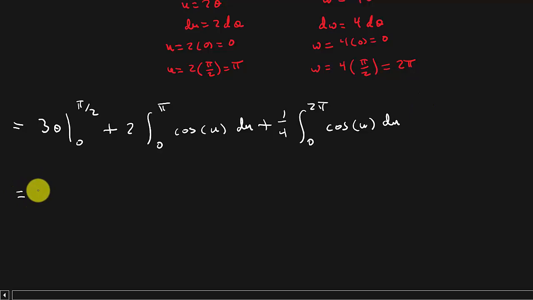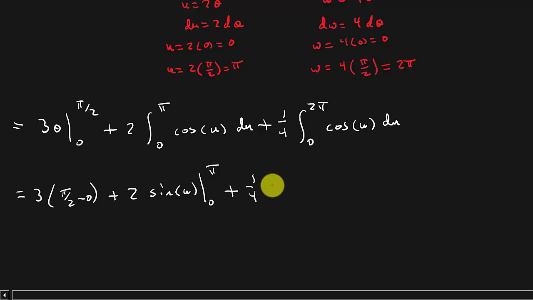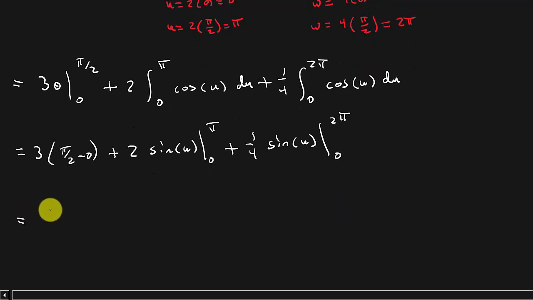So let's just go ahead and evaluate that. That's going to be pi over 2 minus 0 plus 2 times sine u from 0 to pi plus 1/4 sine u from 0 to 2 pi. And this is equal to 3 pi over 2.